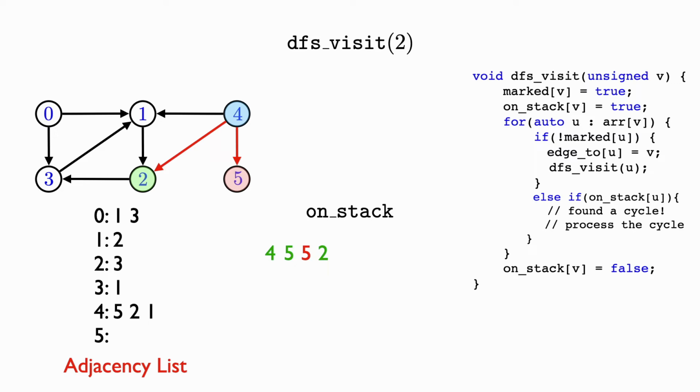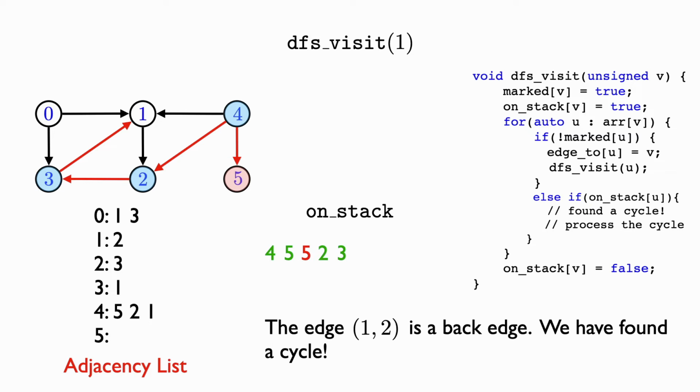This is again unmarked. So now we set the edge2 relationship and call DFS visit on vertex 3. So we mark vertex 3, it goes on stack. And we again just have one vertex to consider in the adjacency list, which is vertex 1. This is unmarked. So we set the edge2 relationship and call DFS visit on vertex 1.